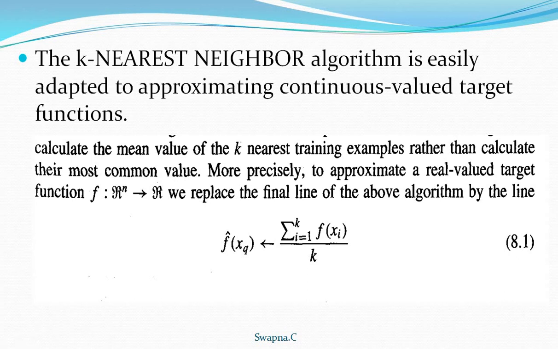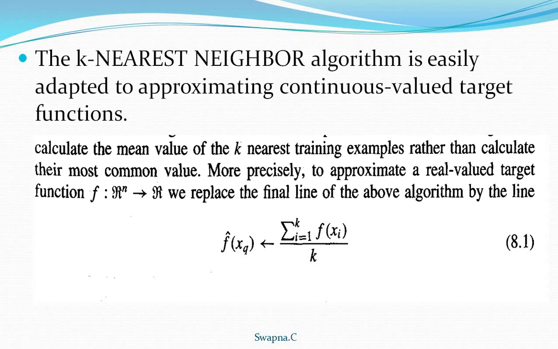Whatever we saw till now is related to discrete valued functions. It is also suitable for continuous valued target functions. To find the training examples nearest to the new query, we use this formula for the continuous valued target function. There we took the measurement as Euclidean distance.